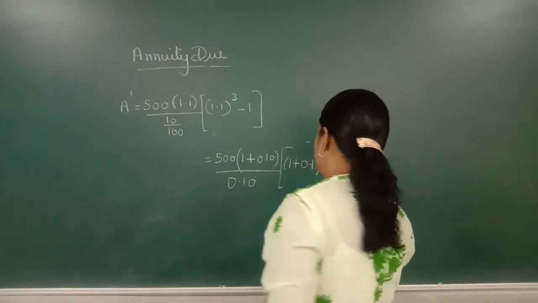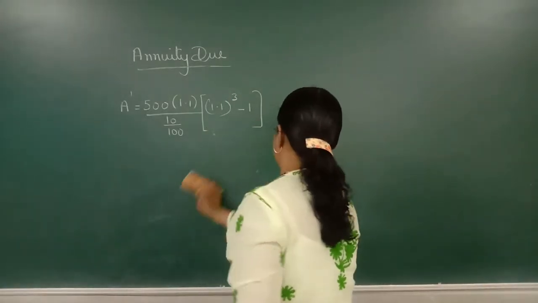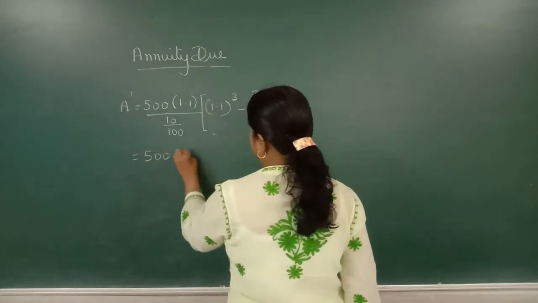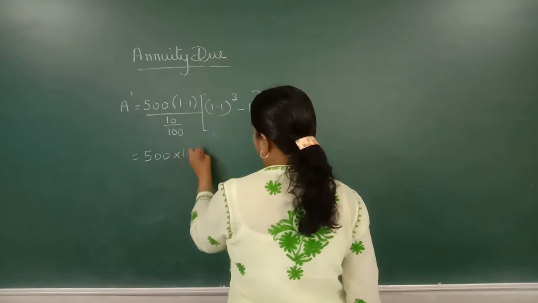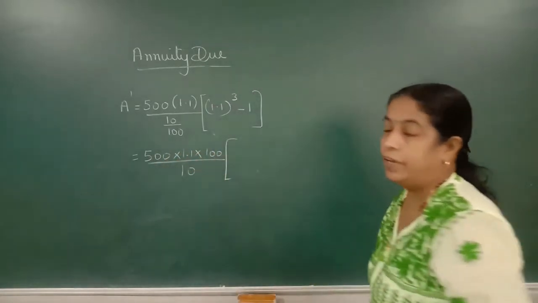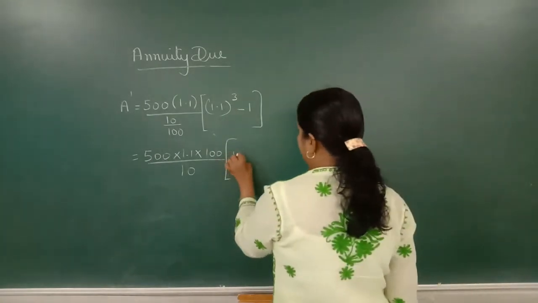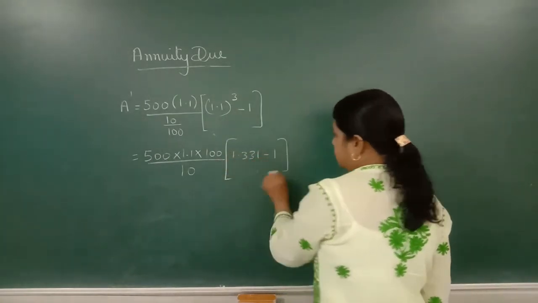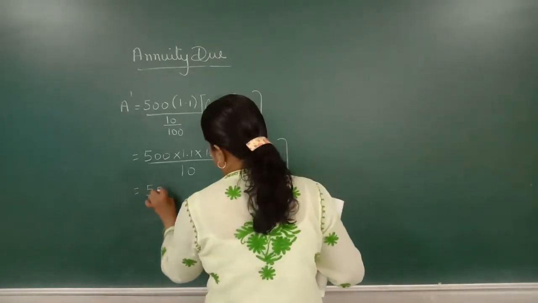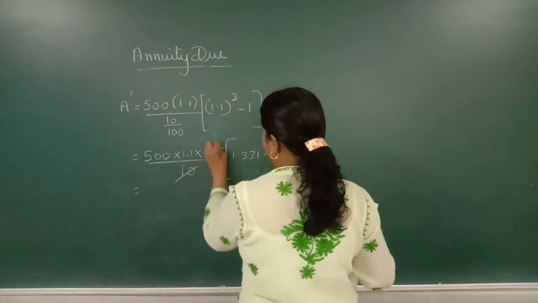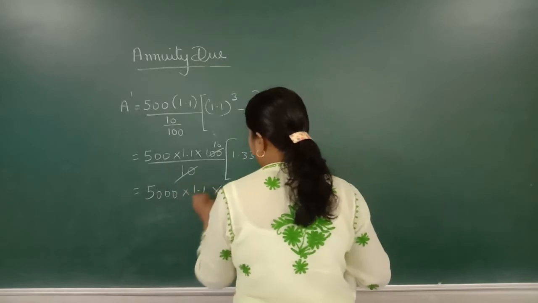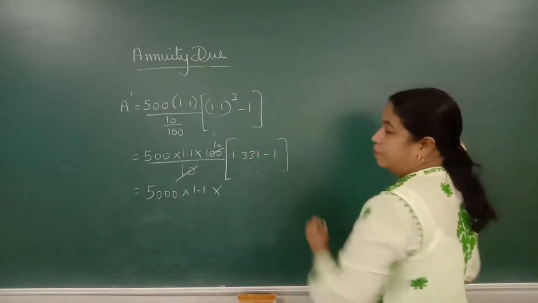Now what do we do here? 500 into 1.1 into 100 upon 10, into bracket. Now we know the value of 1.1 cube, that is 1.331, minus 1. It is the given value. Next, we will cancel this 10. So 5000 into 1.1 into 1.331 minus 1.